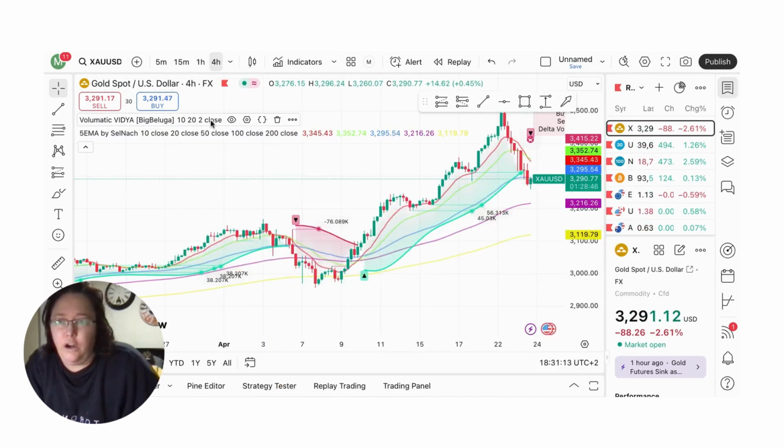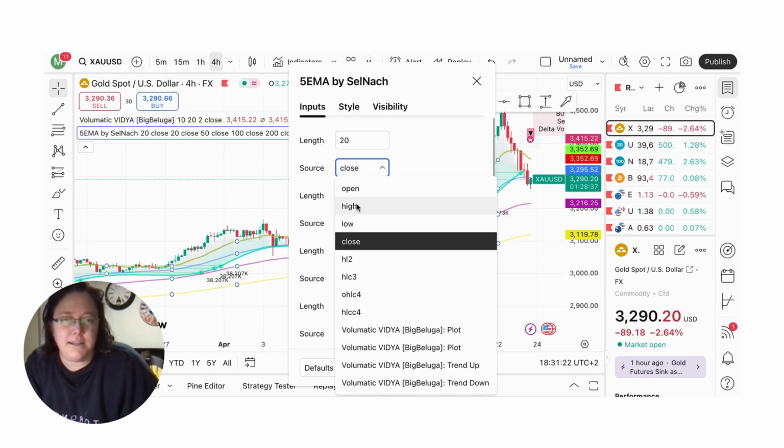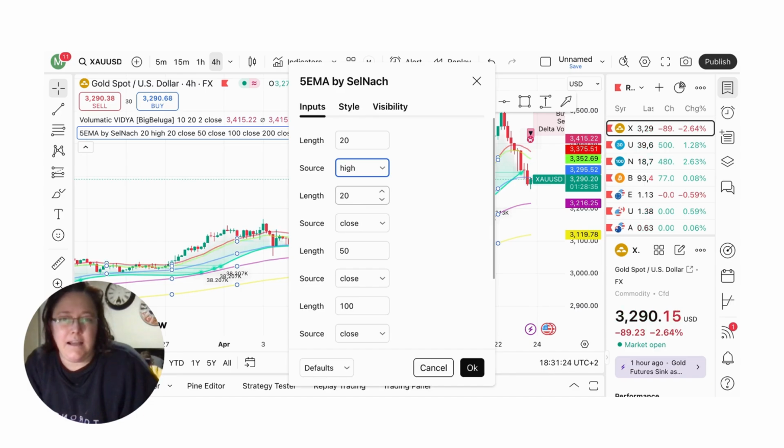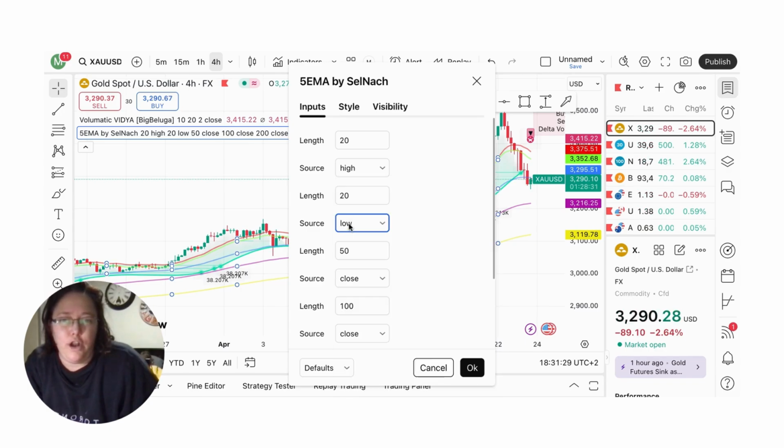Now on the Multiple EMA, you're going to open up the settings and the first length, you're going to make 20, but on its high. And the next one, you're also going to make 20, but on the low. That's the only two you change. The rest you can leave.